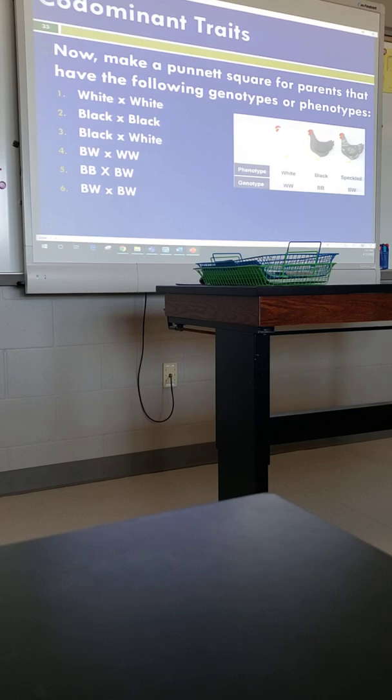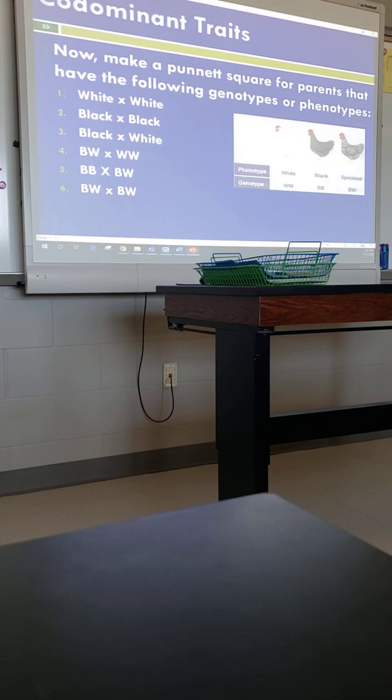So we have a speckled times a white. Do you see any lowercase letters at all? Nope. So when you're dealing with codominance, you are dealing with all dominant letters, all those upper cases. Okay? So as we're looking at this, how many or what percentage are going to be speckled?